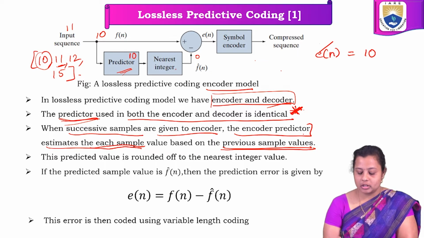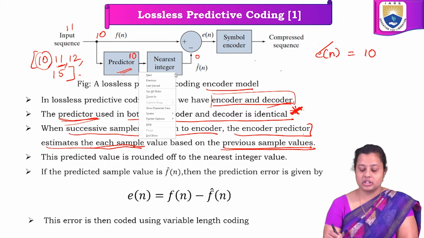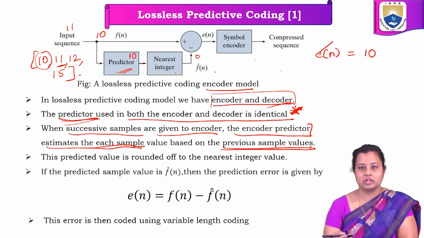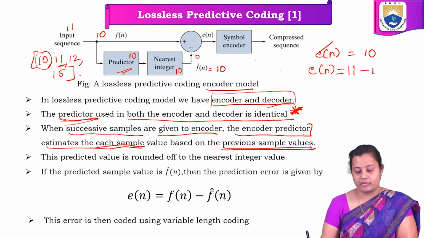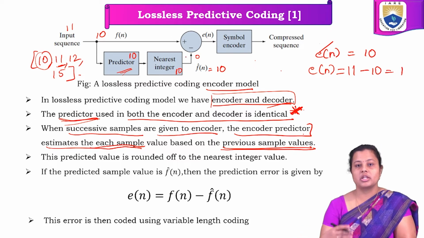Then we are rounding off to the nearest integer, because we are using discrete or digital images. So the nearest value will be 10. So this f cap of n will be 10. So what will be the error? The actual value is 11 and the predicted value is 10. So the next symbol that we are sending to the symbol coder is 1.